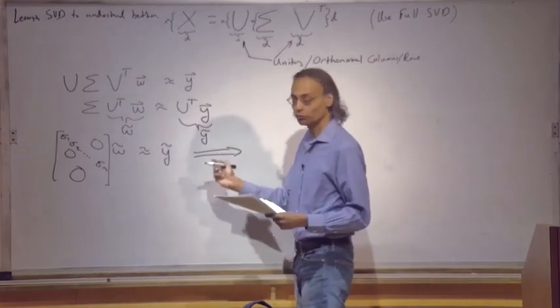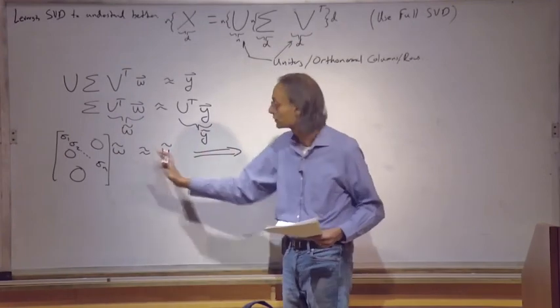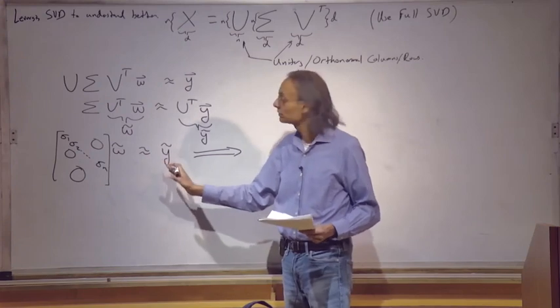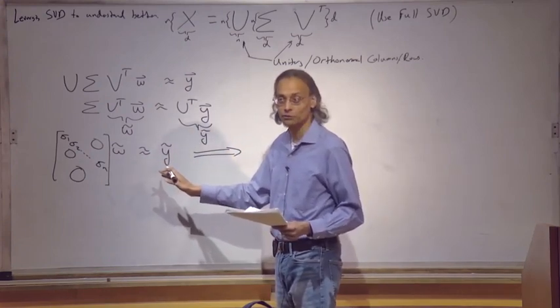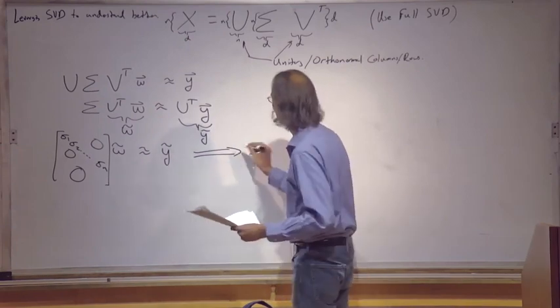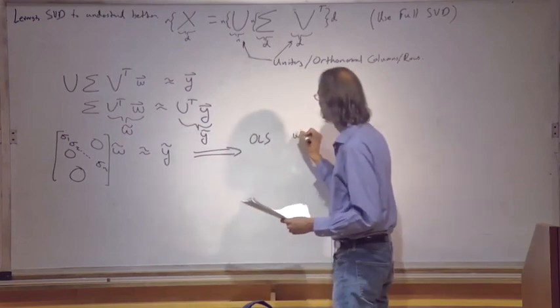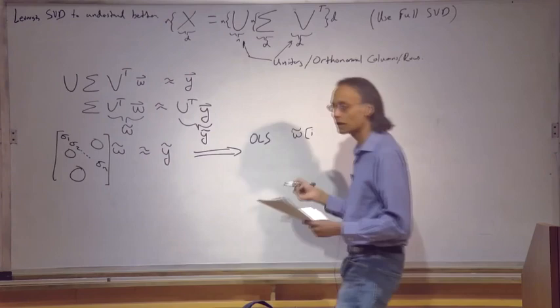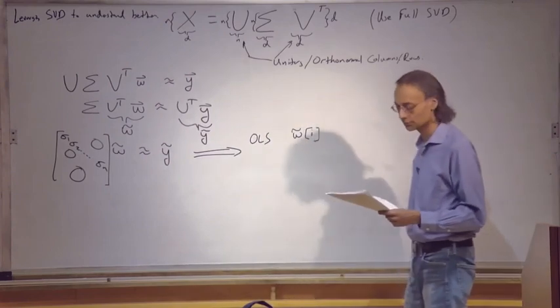Now it depends on how I solve this problem. If I solve this problem using OLS, in which I'm not going to have a ridge term, a penalty term at all, the OLS solution is just going to say, I'm going to use Python indexing, so look at the ith component of W tilde.